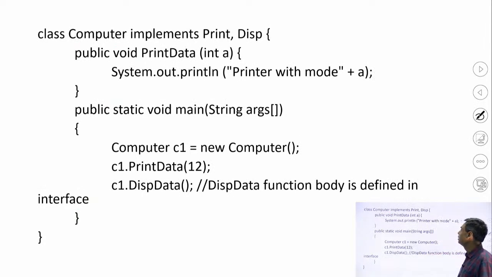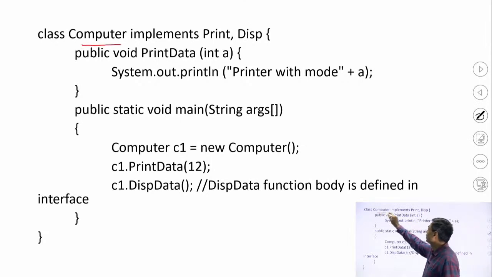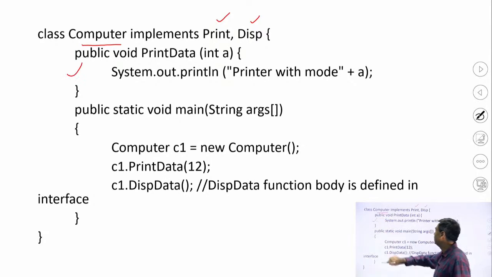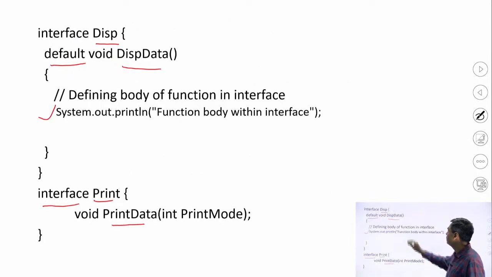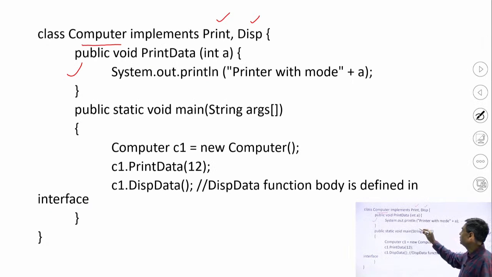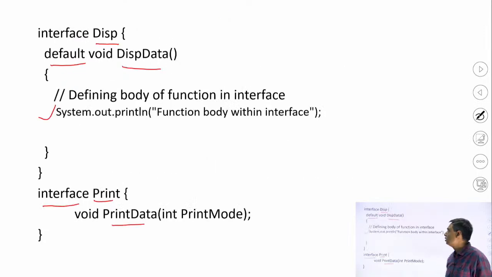Next we need to implement the interfaces in a class. So again we define a Computer class, implement the interfaces print and disk, and give the definition of printData. We have already given the definition of diskData, so there is no need to provide it in this class. As I already said, we can define the body of a function in an interface from Java 8 onwards.